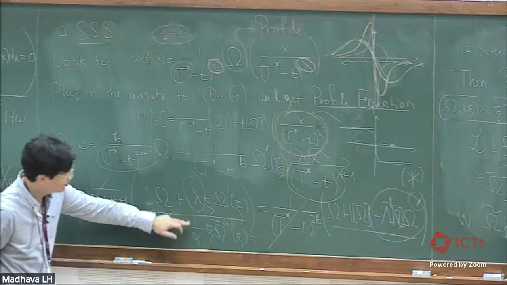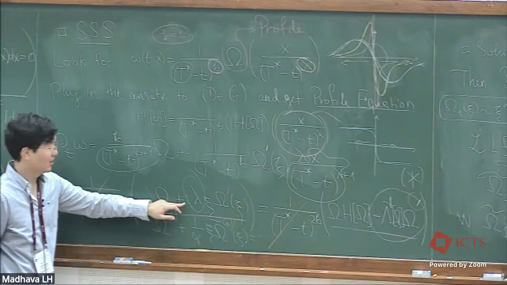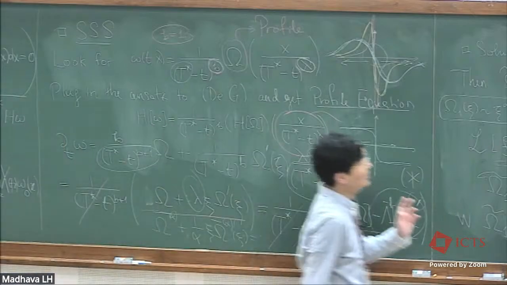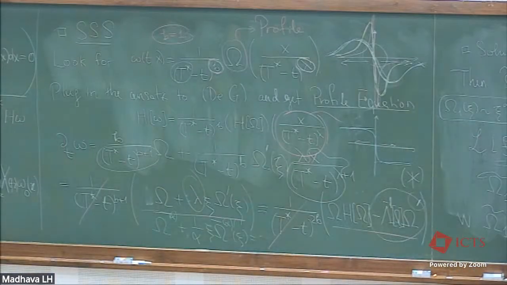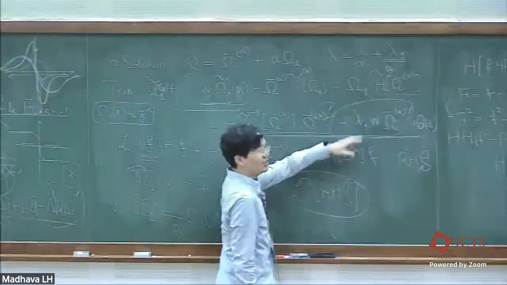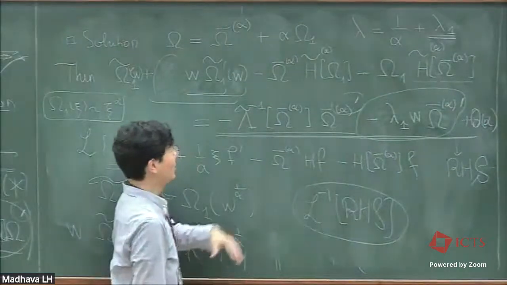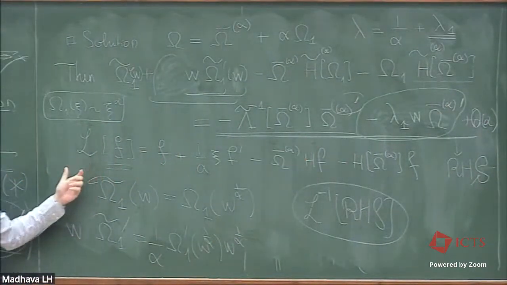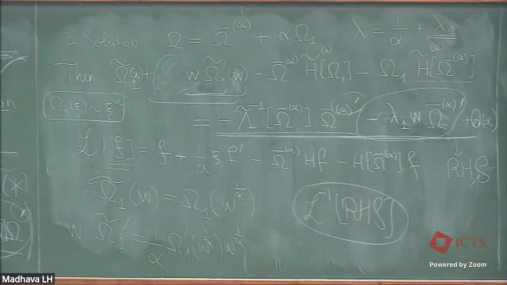So there is now some disparity. If lambda is not exactly 1 over alpha, that disparity subtracts to the right-hand side. And this is what people call the modulation parameter, to force the right-hand side to be in the range of the linearized operator. This is kind of a standard scheme now. Yes, thank you very much for the question.